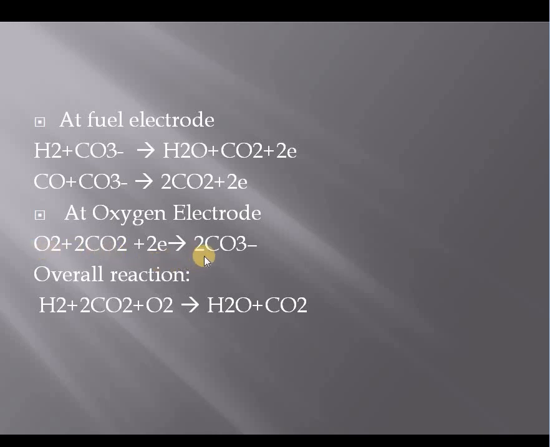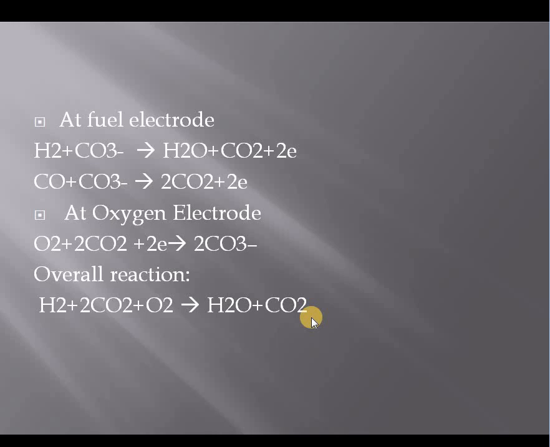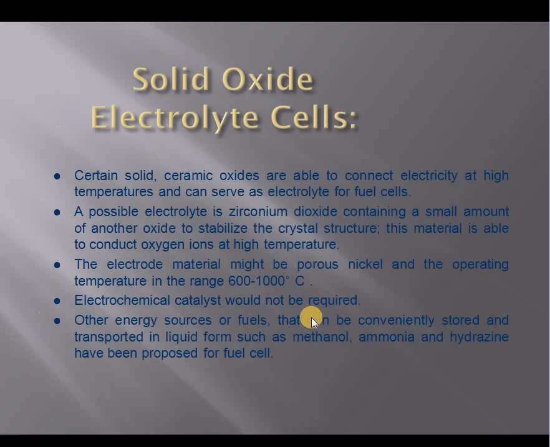Similarly, at the cathode, oxygen is reacting with carbon dioxide and 2 electrons, forming carbonate. And the overall reaction is that hydrogen plus carbon dioxide plus oxygen forms water and carbon dioxide at the output side. This is for molten carbonate.